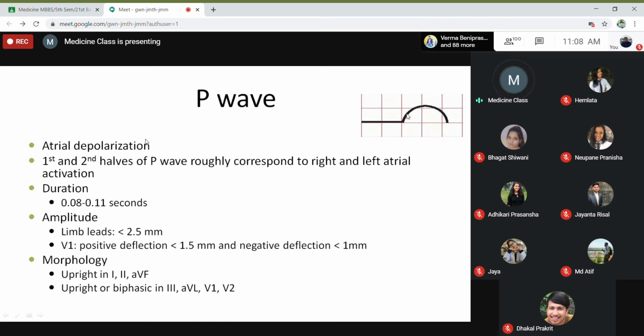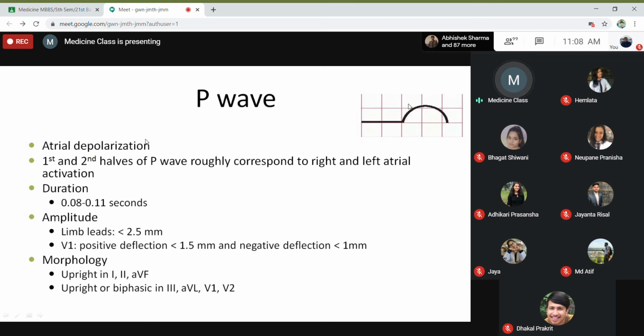Okay, in most of the leads, but it's usually inverted in lead AVR. It's inverted in AVR, and it may be biphasic in leads V1, V2, and sometimes in AVL also.